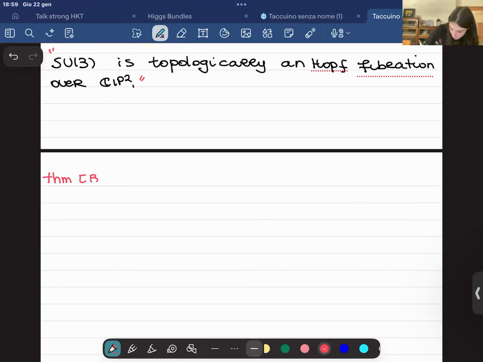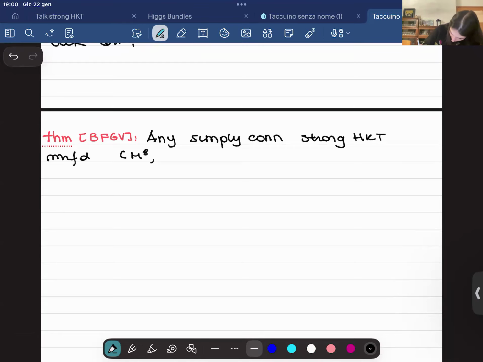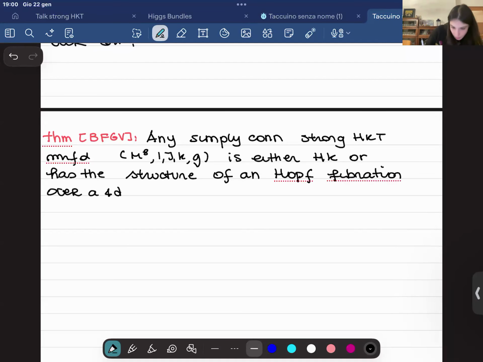So the last theorem for today. Any simply connected strong HKT manifold is either hyperkähler or has the structure of an S3 fibration over a four-dimensional Riemannian oriented orbifold.